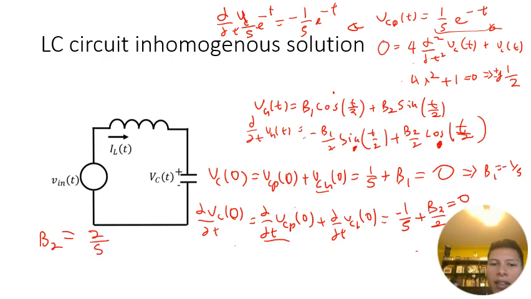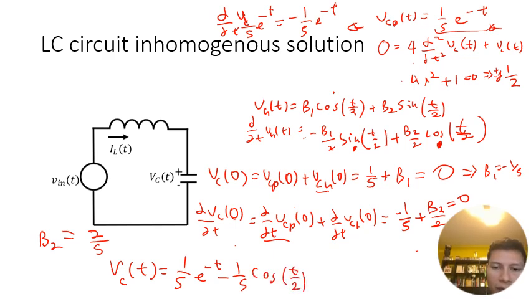Okay, so now we have our final solution, which is that Vc of t is equal to 1 over 5 e to the negative t, minus 1 over 5 cosine t over 2, plus 2 over 5 sine t over 2.